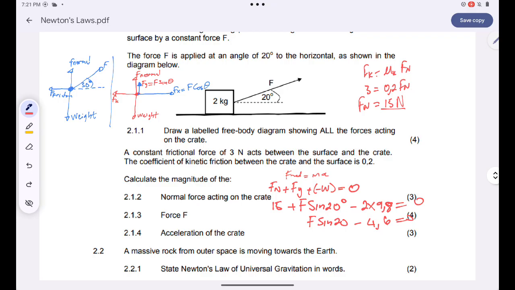4.6, no? And then I know that F multiplied by sine of 20 degrees is just equal to 4.6. Divide both sides by sine 20. Then I'll simply have 4.6 divided by the sine of 20 degrees. I'll simply get the magnitude of F to be equal to 13.45 newtons.